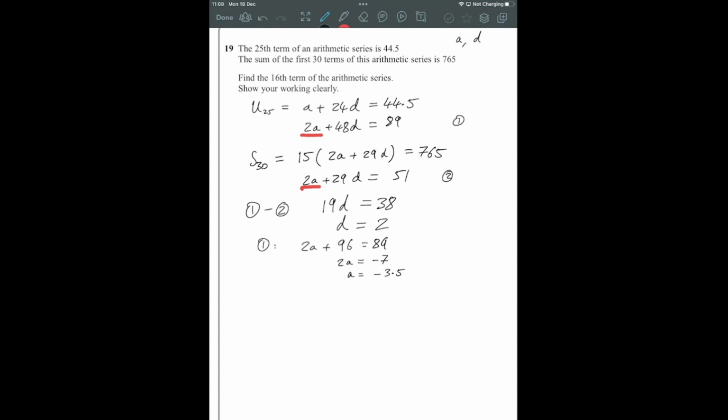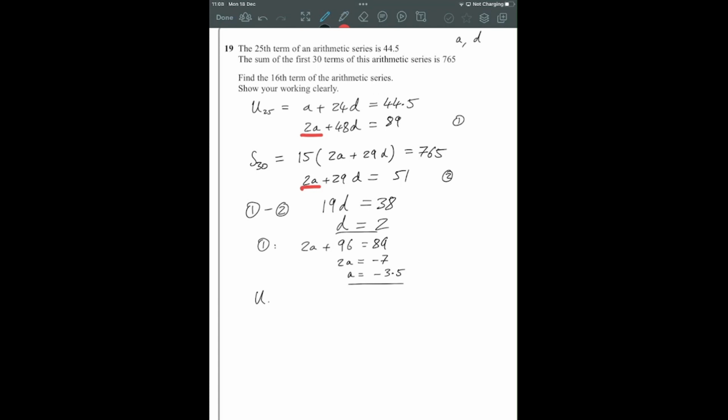That feels a bit awkward, so my instant instinct is to go and check in equation 2. So I'm going to do 2 lots of the negative 3.5 I've just found, plus 29 times 2, and my calculator does tell me that's 51. So I can have that tap on the back now. It didn't feel right, but it worked. So that's my a and my d.